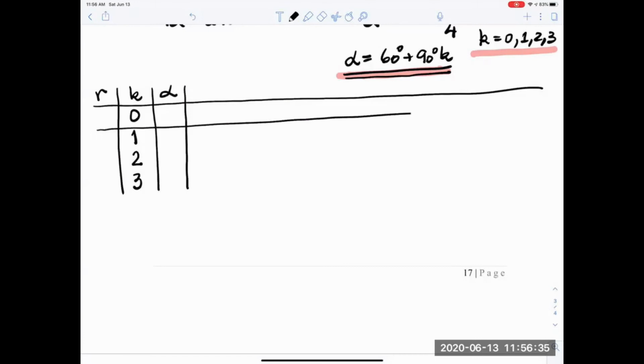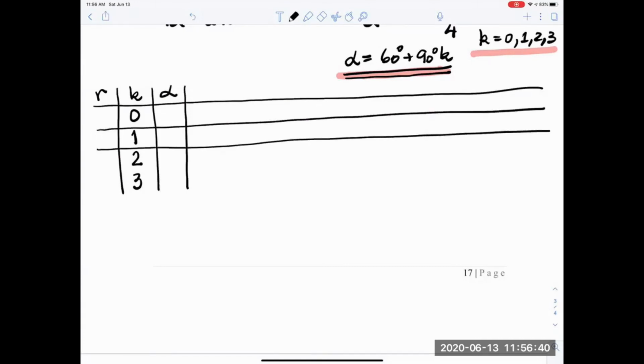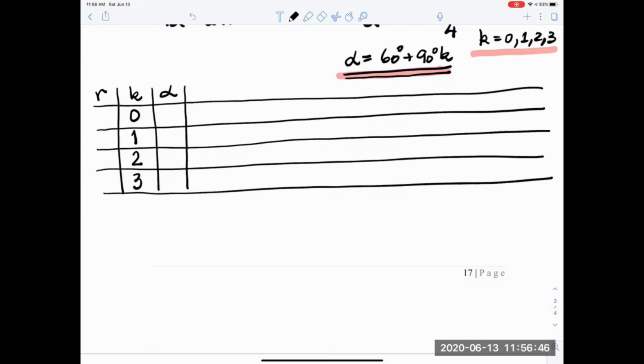So bear with me so I can do my lines here. Okay, so R is 4. Those are my fourth roots, all of them, all the time, right? And then for these, we get k 0, 1, 2, 3.